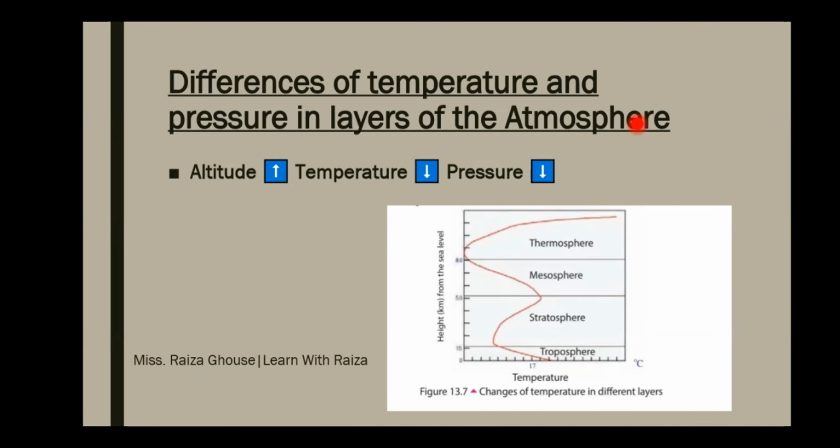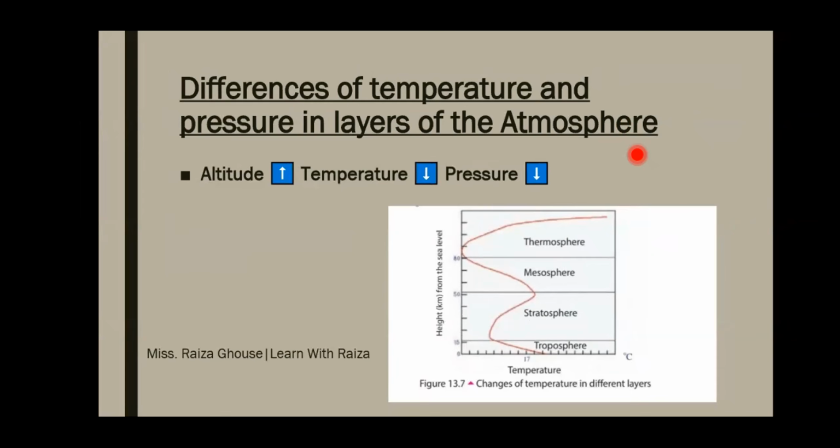Now you can see there's a diagram here, which shows the changes of temperature in the different layers. These details are clearly included in a graph. When you notice this one, temperature is given on the x-axis, and temperature decreases when the height increases, right?